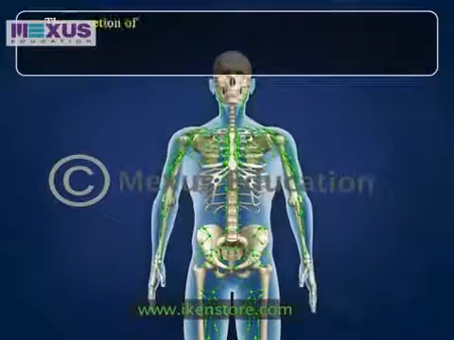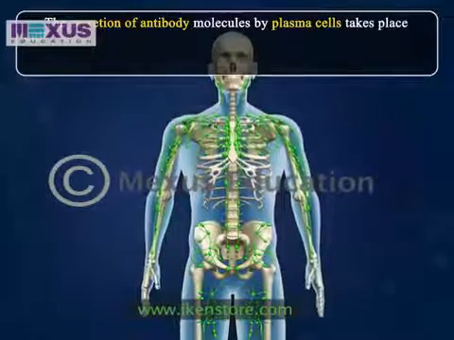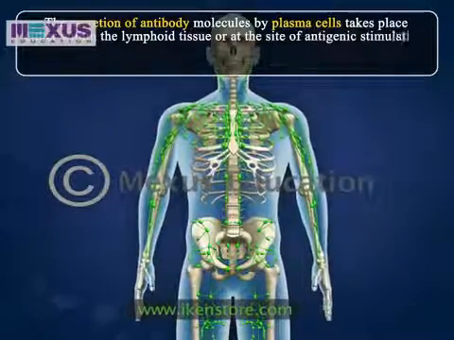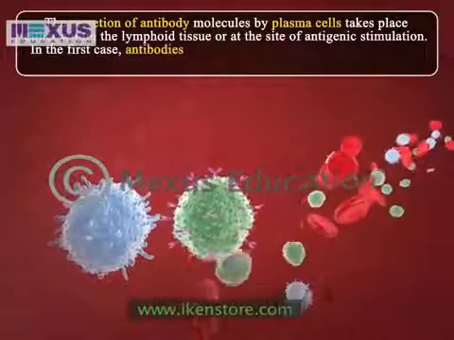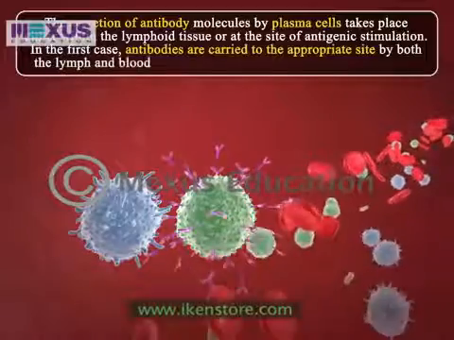The secretion of antibody molecules by plasma cells takes place either within the lymphoid tissue or at the site of antigenic stimulation. In the first case, antibodies are carried to the appropriate site by both the lymph and blood vascular systems.